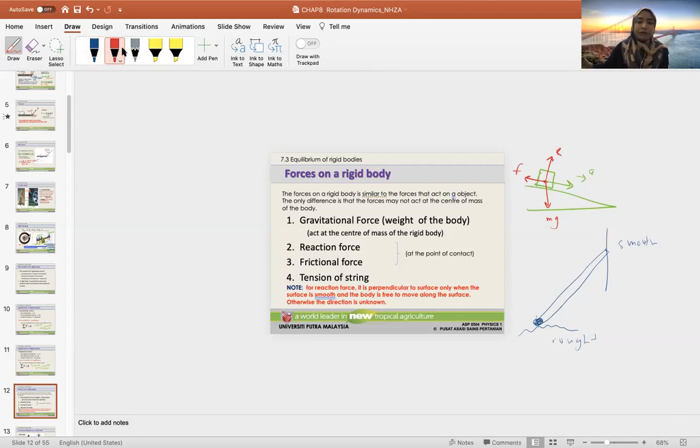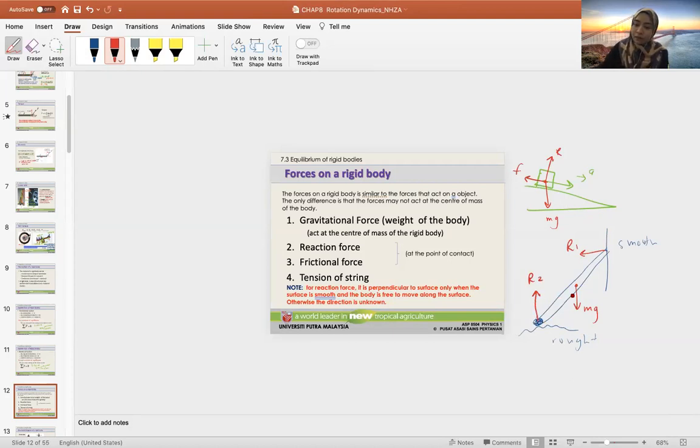My free body diagram for this particular situation is the mg is here. I have R over here, that is where I have contact with the wall, right? So that is my R1. I have contact with the ground. So that's R2. So I have two R's now.